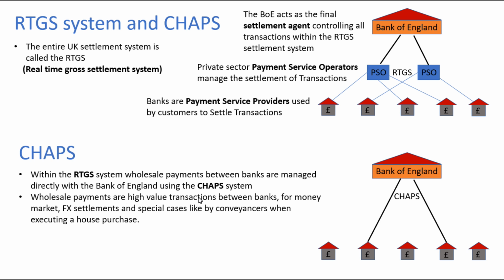And also, there's a special case: if you buy a house, that transaction is managed using the CHAPS system. Now, interestingly, the CHAPS system before the financial crisis used to be mediated by the banks. But ever since the financial crisis, this is now directly controlled by the centralized Bank of England.